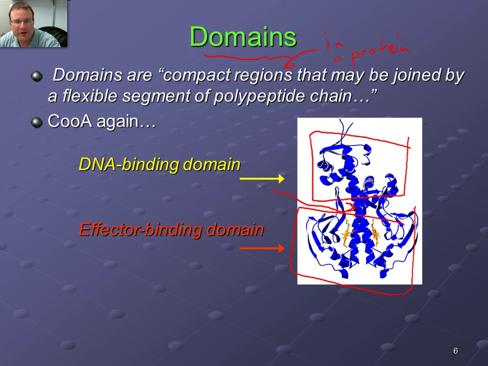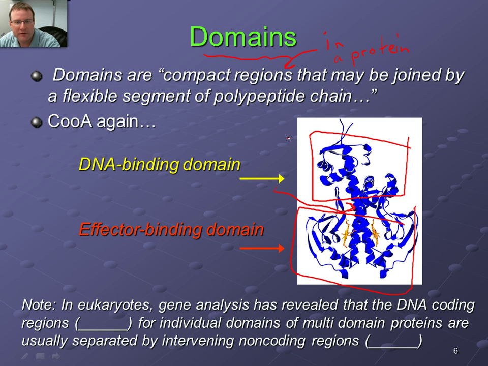Cu-A, as you may recall from class or from talking with me over the years, is a transcription factor protein that binds DNA, and it turns out that the DNA binding occurs in this upper portion, and ultimately the DNA binding occurs through interaction of a Helix-Turn-Helix motif right here that's out of phase with DNA.